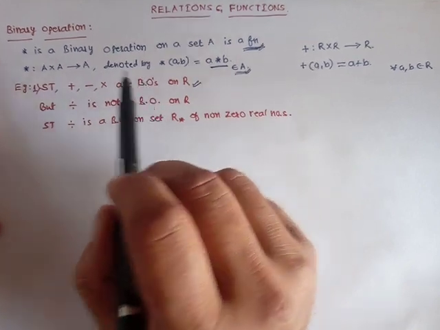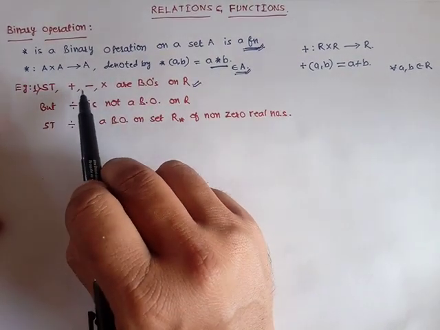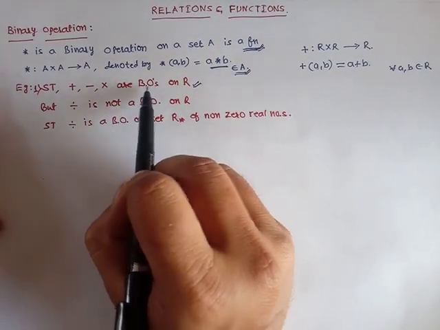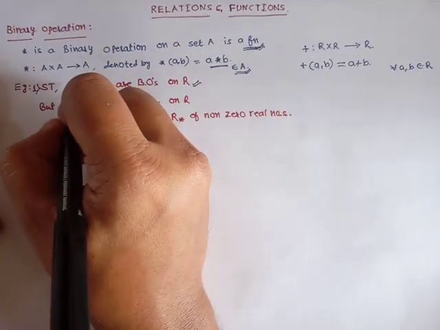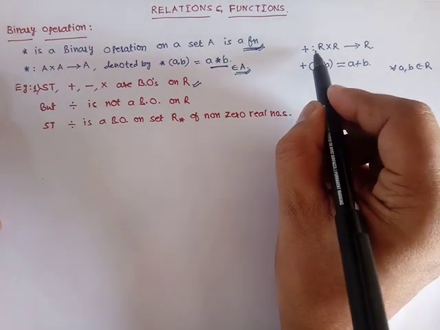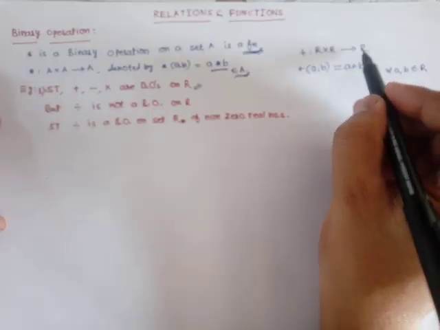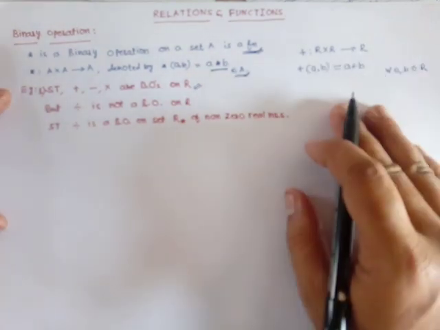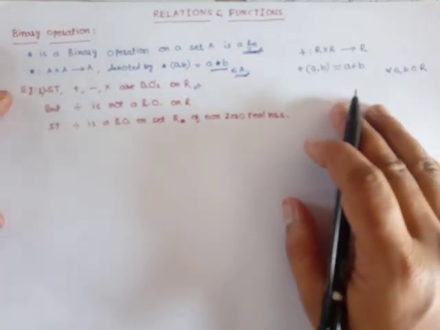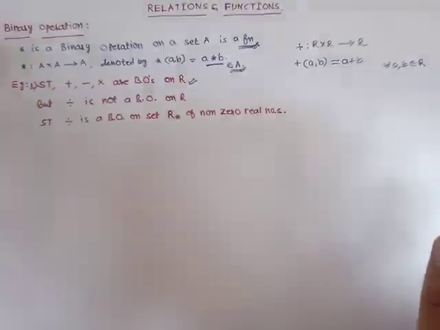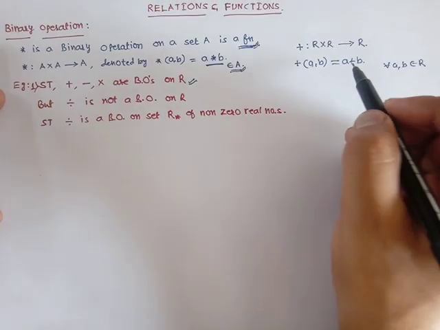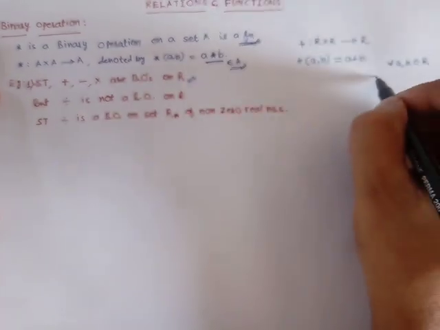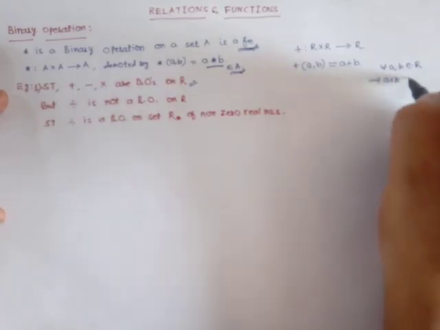And coming to the question: show that addition, subtraction, multiplication are binary operations on set R. First of all, we look at the addition. Addition is a mapping from R cross R tending to R, denoted by plus of A comma B is equal to A plus B. For all A comma B belongs to R, A plus B also belongs to real numbers only.